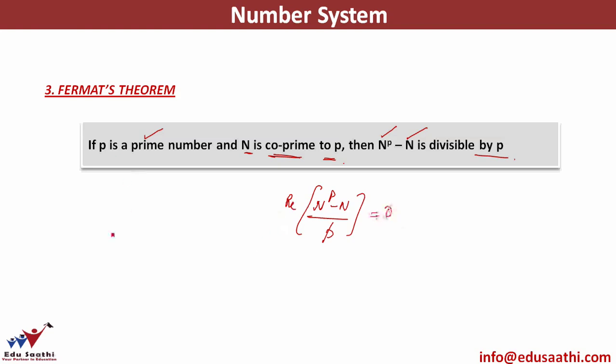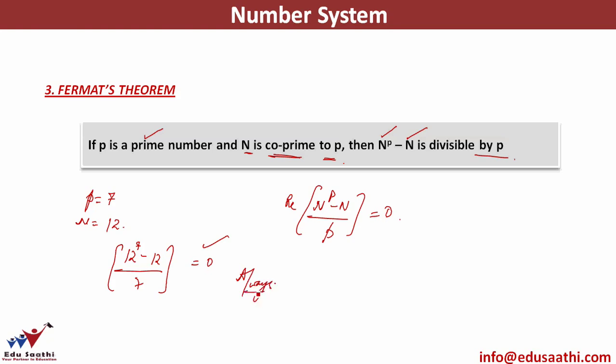So let's take the values. Let me fix p as 7 and the value of n you can take anything, say 12. So what is it? 12 raised to power 7 minus 12 over 7 would give me a remainder of 0. This is the rule that you can apply always.